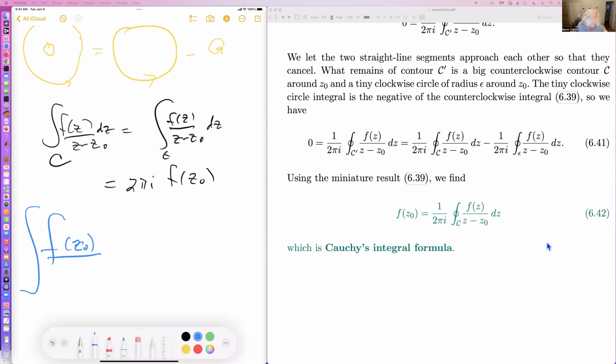Oh, why does it keep going blank on me? Over z minus z0 is 2 pi i.